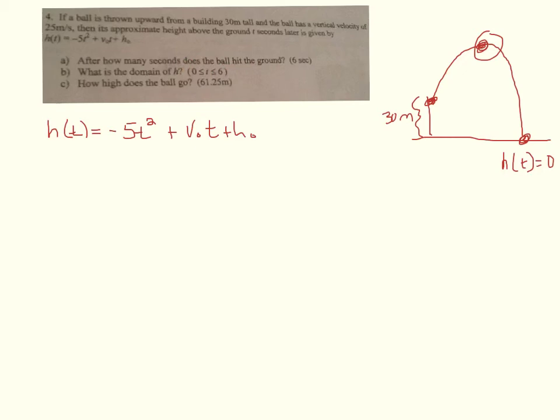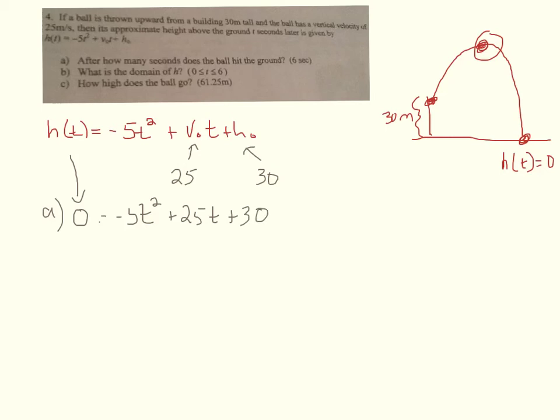First thing we're going to do is substitute our 25 for v sub 0, that's our initial speed, and our 30 for h sub 0, that's our initial height. Here we go, part A. I want to know when it hits the ground, so the height's going to be 0. That's negative 5t squared plus 25t plus 30.